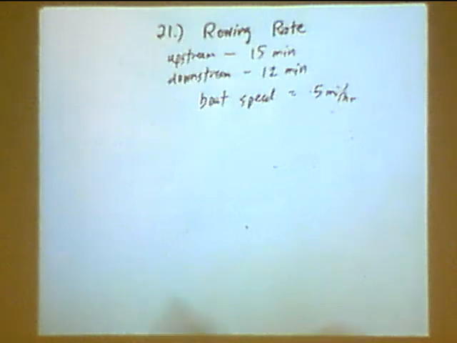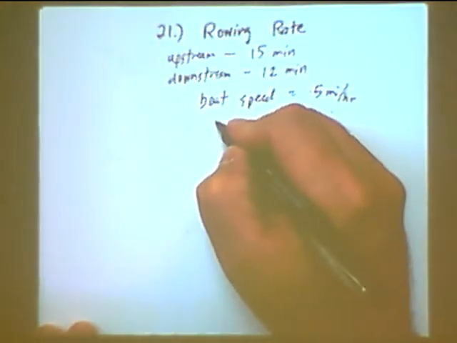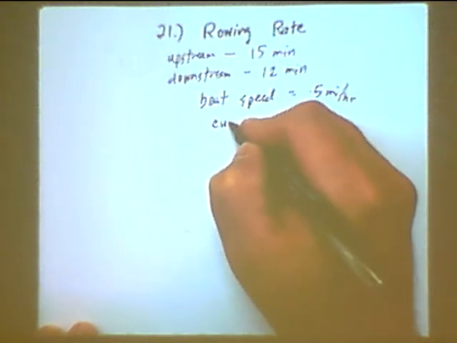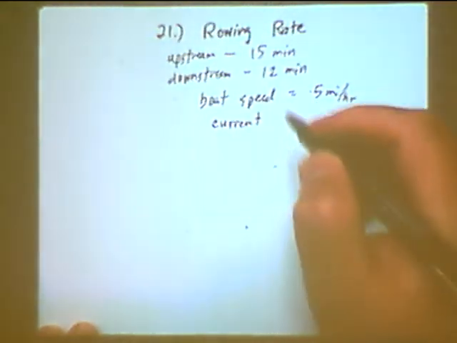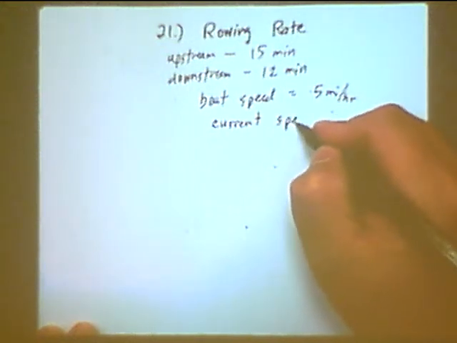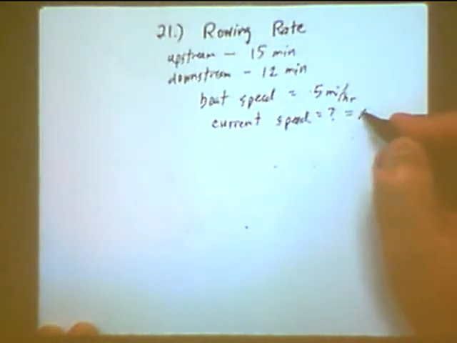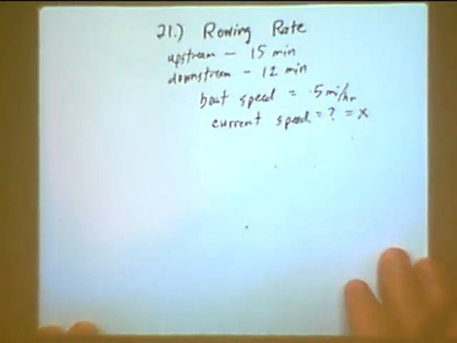And now they're saying, with these conditions, please figure out the current of the stream, the current speed. And of course, we'll just call that x, since that's what we're trying to figure out.